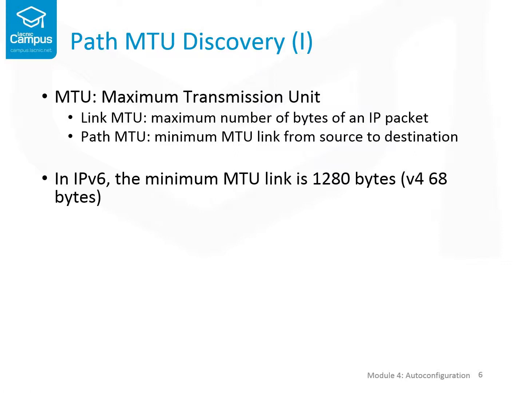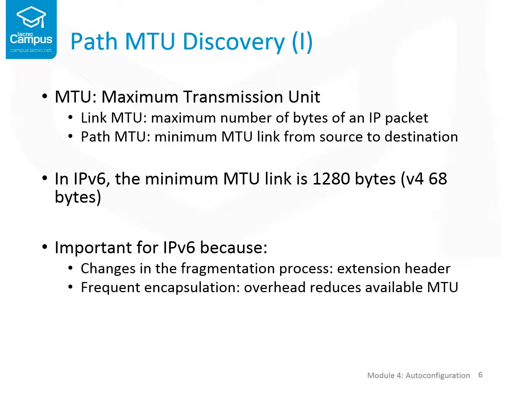In IPv6, Link MTU has to be at least 1280 bytes, while in IPv4, it had to be at least 68 bytes. The link layer must find a way to offer this 1280 byte MTU.